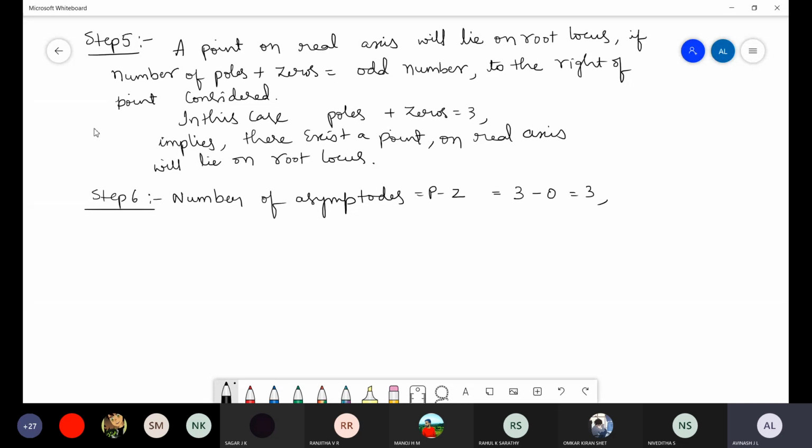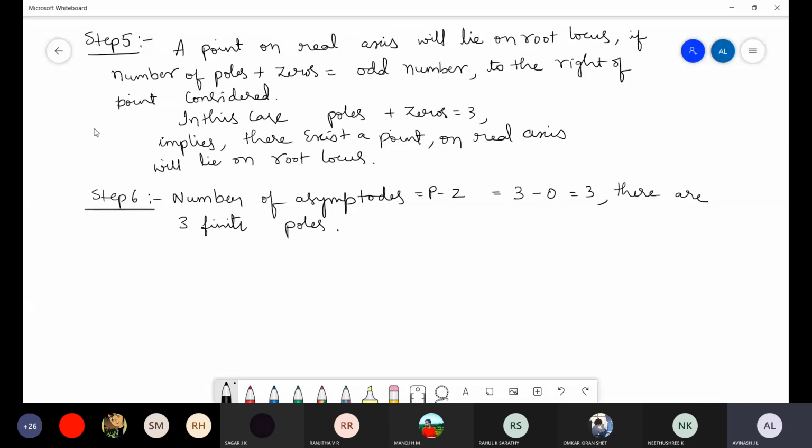So the number of asymptotes is equal to 3. There will be 3 finite poles.